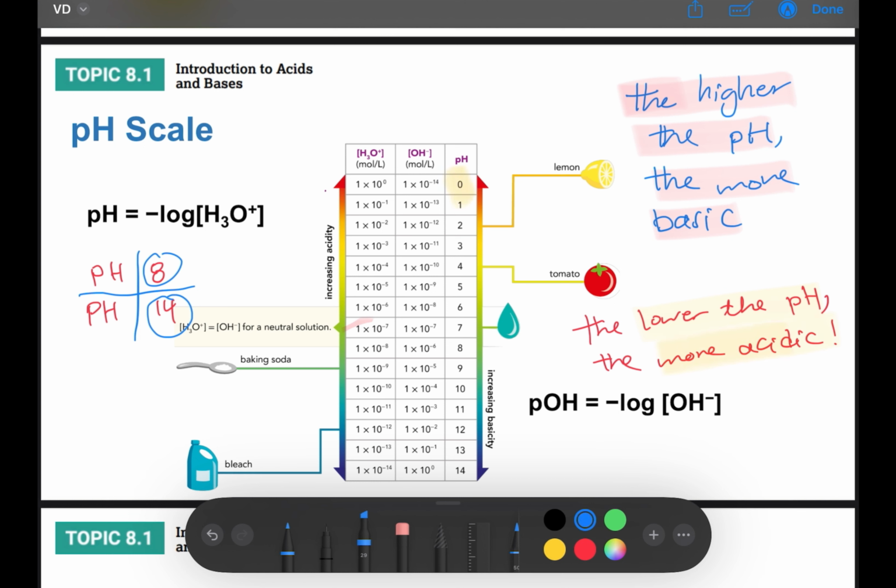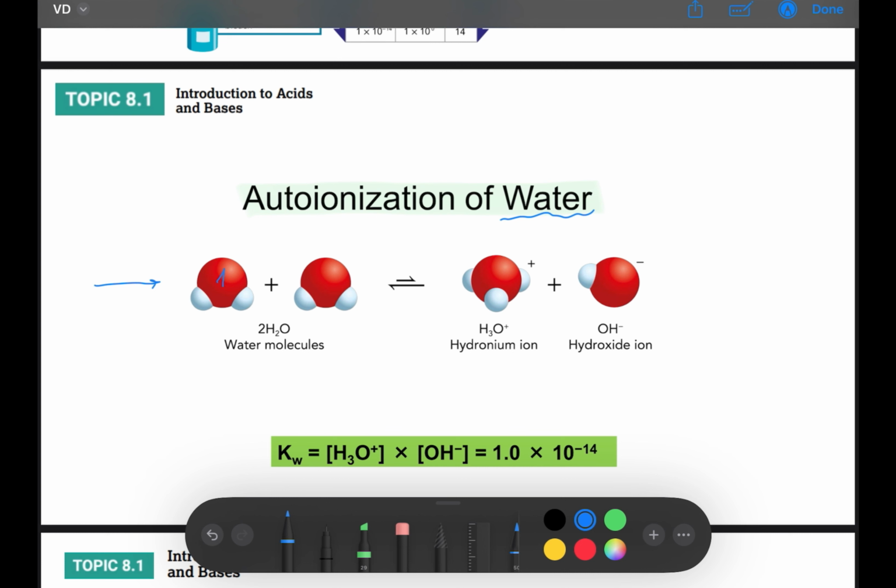There is a beautiful concept that is called autoionization of water. From its name, it means that the water itself will start to dissociate and split up. As we can see in the figure, you have two water molecules. This is water molecule 1, this is molecule 2.